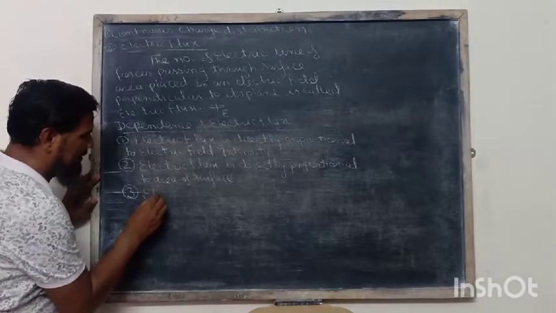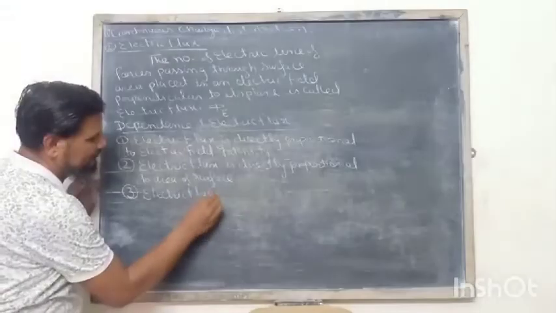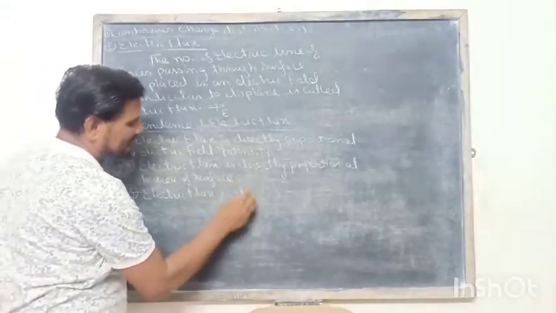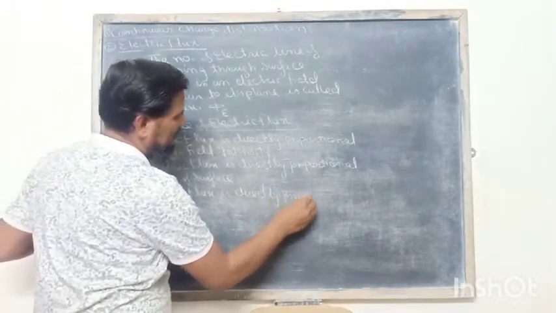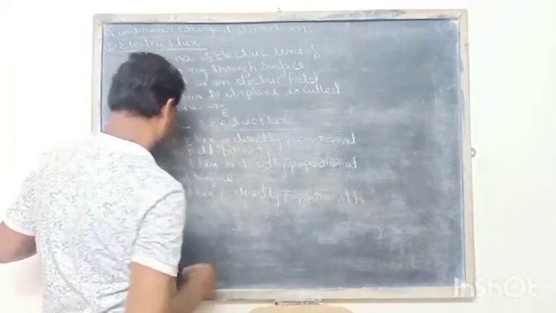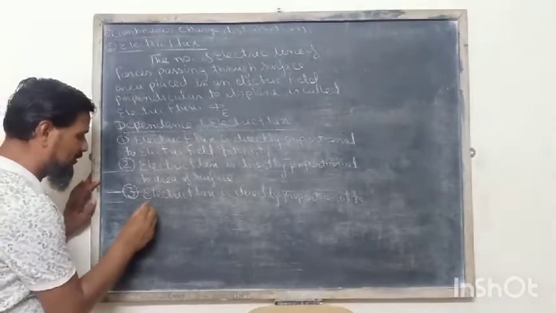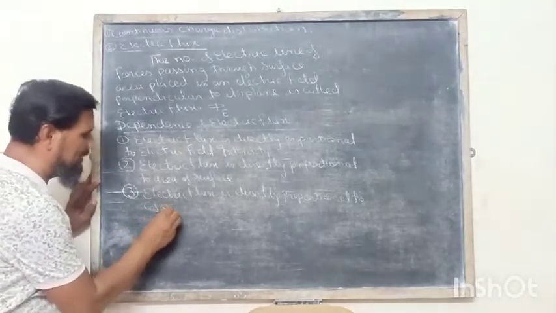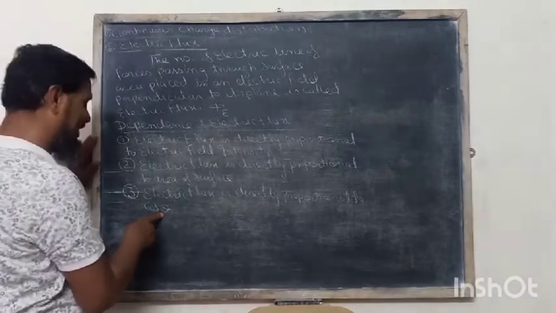So electric flux is directly proportional to the cosine of the angle between electric field intensity and surface area.